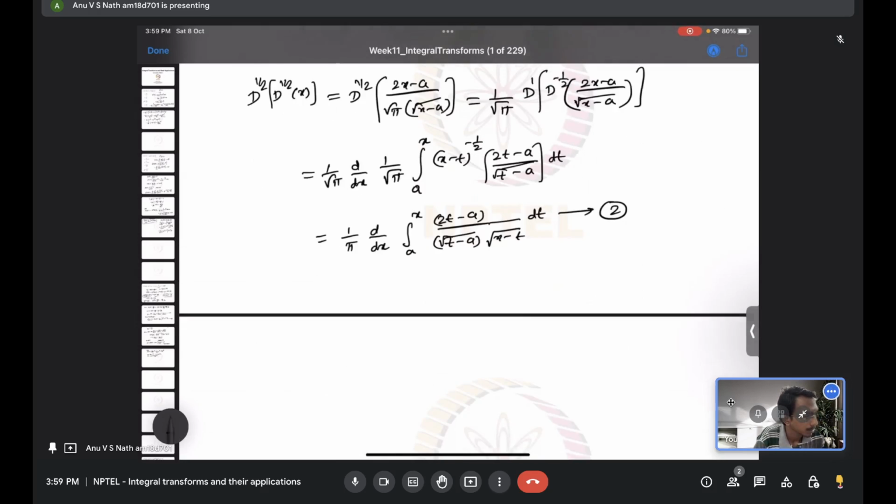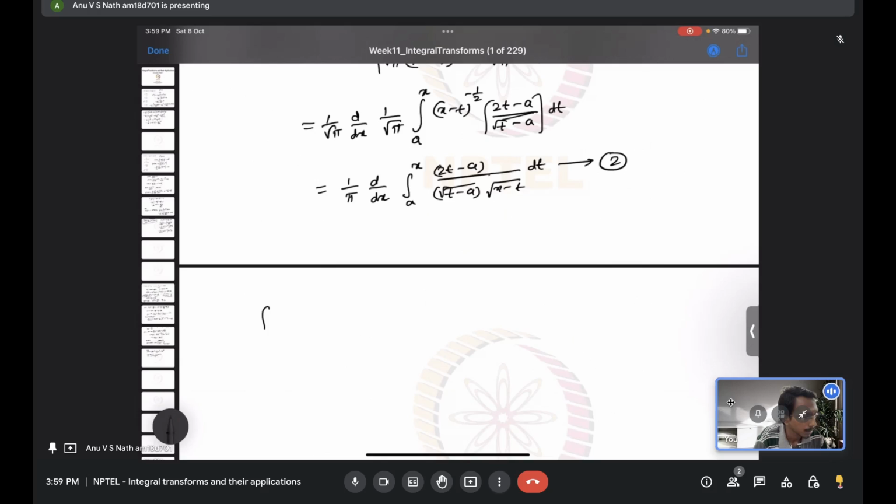Okay. So the integral from a to x of (2t minus a) by (t minus a)(x minus t). You can use different methods to solve this. An easier one might be to use the contour integral, where from a to x there is a branch cut.